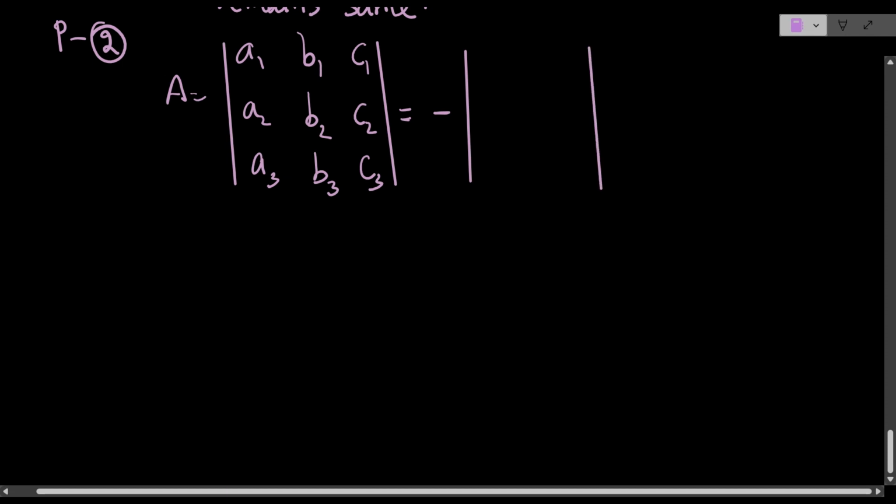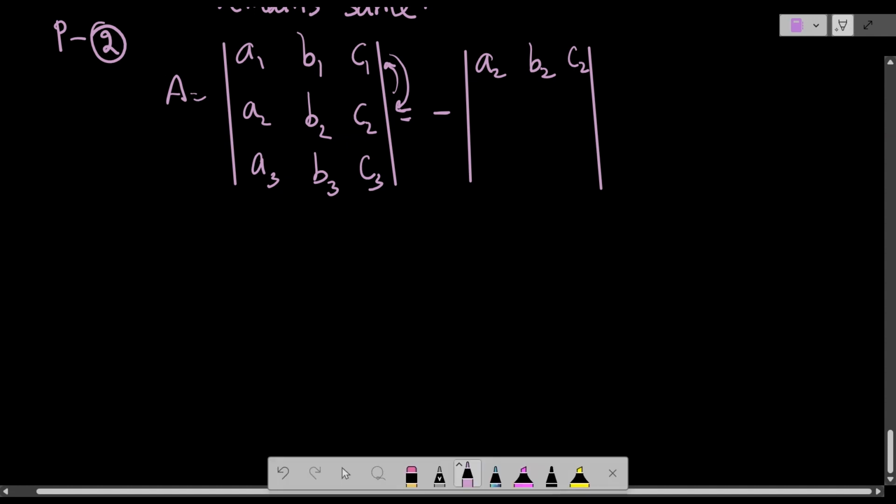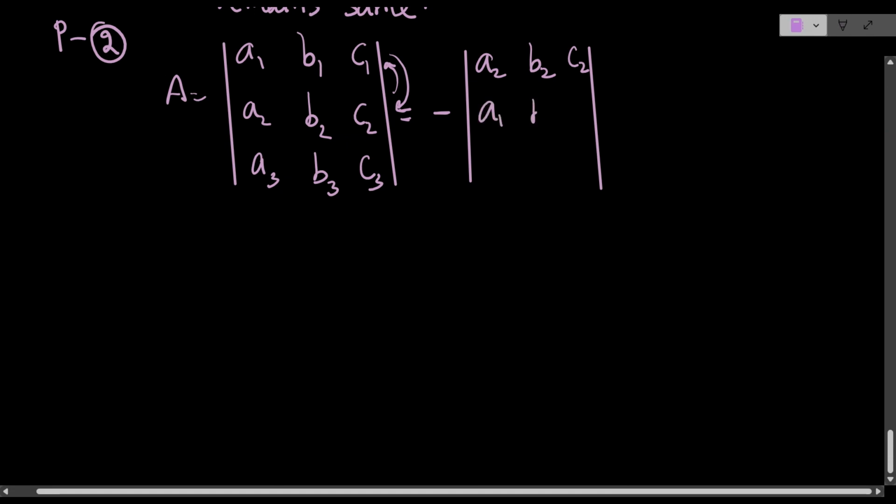I am going to change the two rows now. So I am going to change this row here and this row here. So A2, B2, C2, A1, B1, C1, A3, B3, C3.